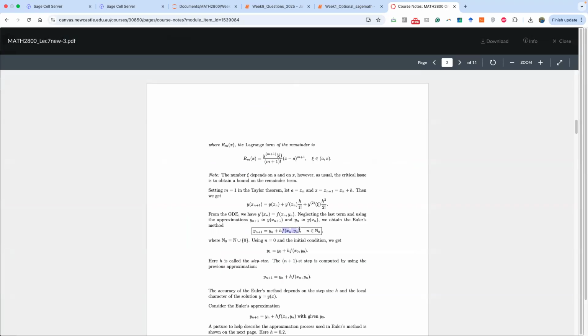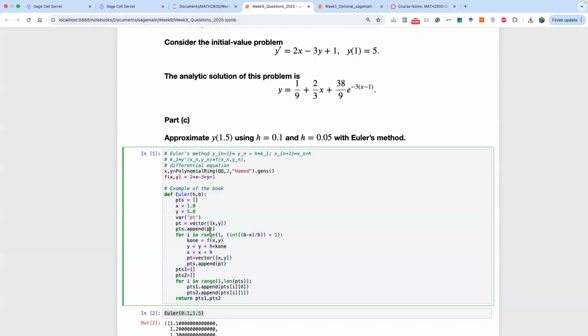I called it K1 because in the improved Euler we need K2, and in the Runge-Kutta order 4 we've got K1, K2, K3, K4. So that's why. It's not a big deal.